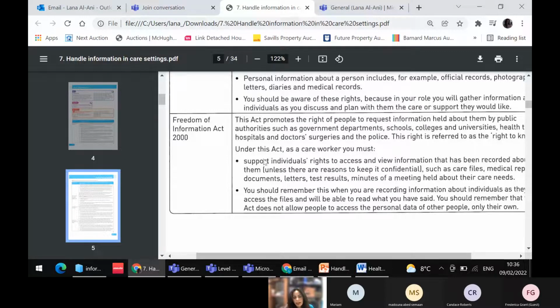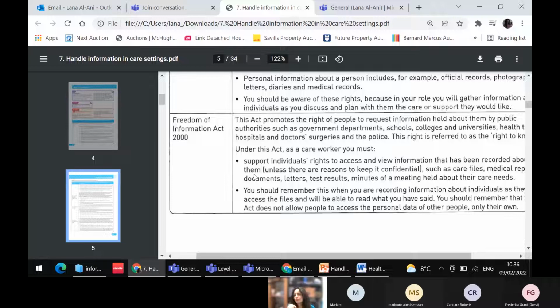It says under this act, as a care worker, you must support an individual's right to access and view information that has been recorded about them. So here it's the freedom of the person himself or herself. They have the right to access their own information.